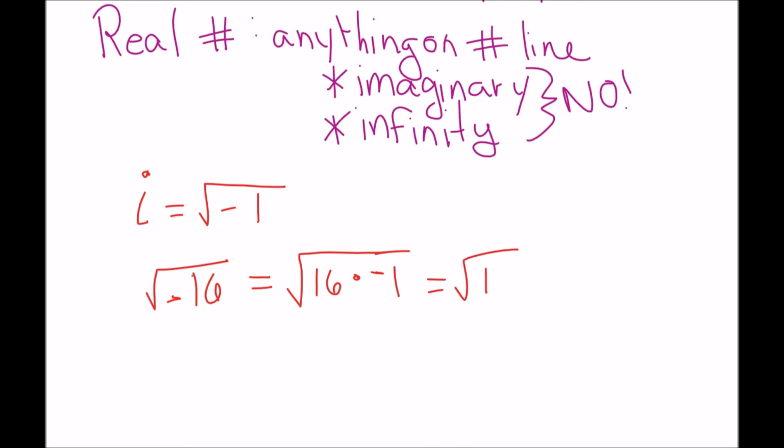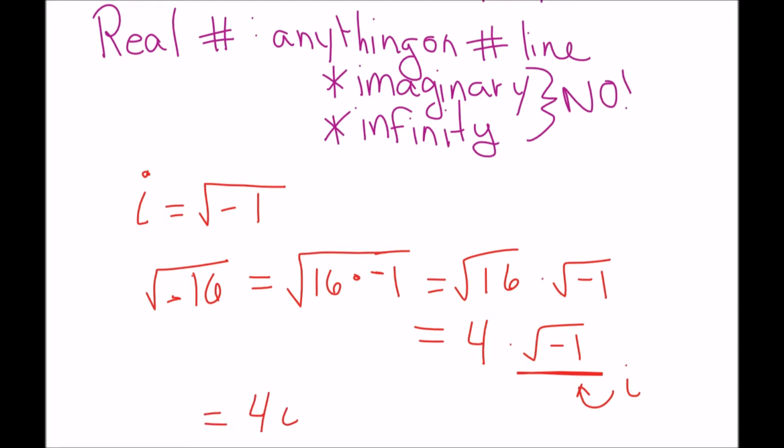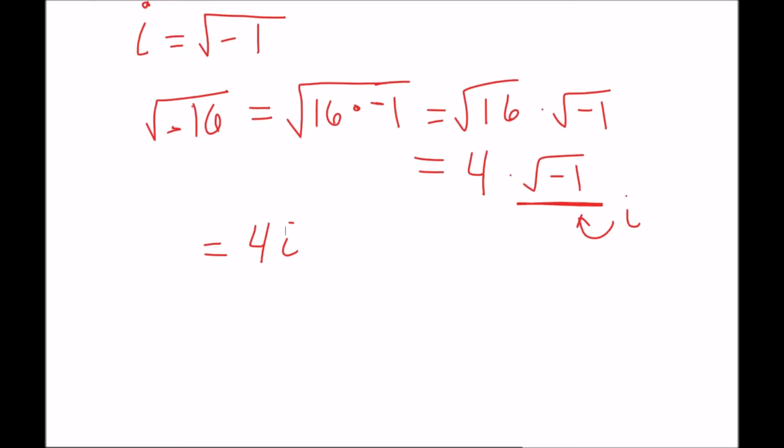That's the square root of 16 times the square root of -1, which we know the square root of 16 is 4, times the square root of -1, which we just said is i. And so our answer is actually 4i.